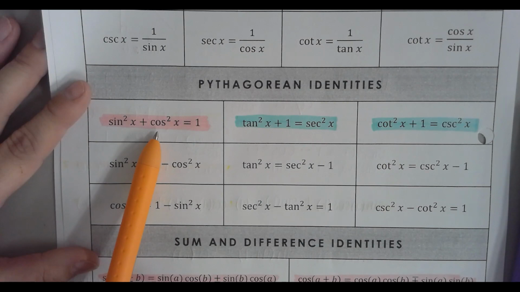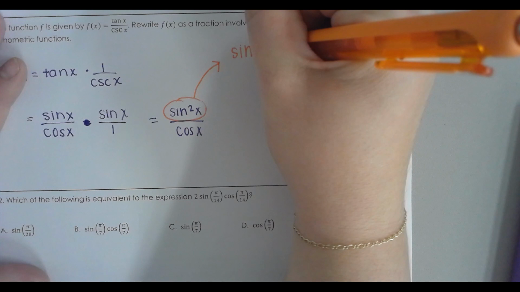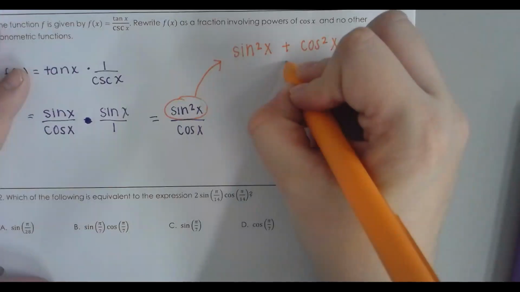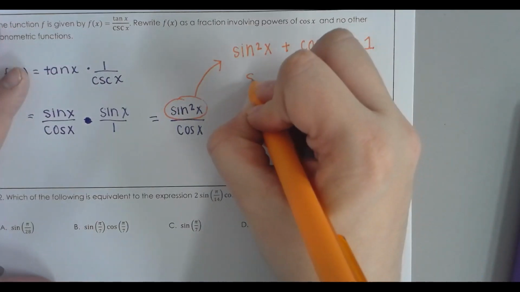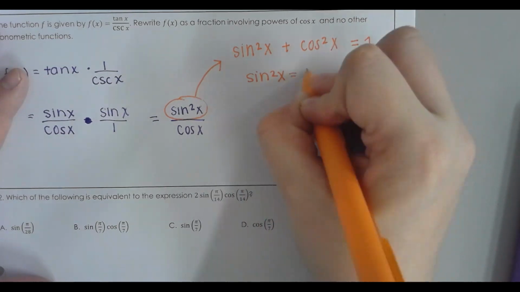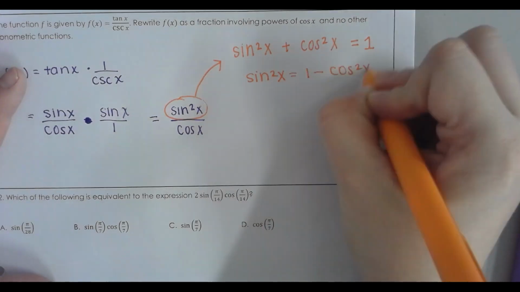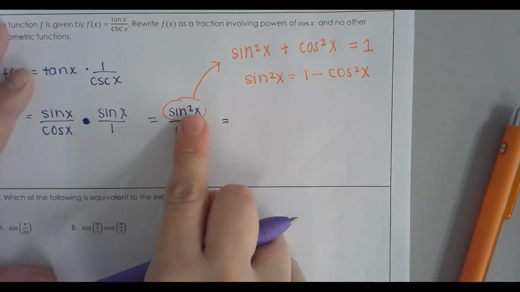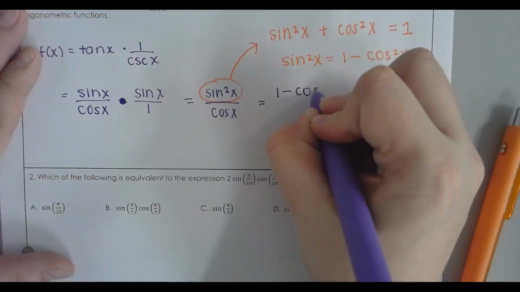So when we subtract the cosine squared from both sides, we get sine squared x equals 1 minus cosine squared x, which means I can replace sine squared with 1 minus cosine squared.